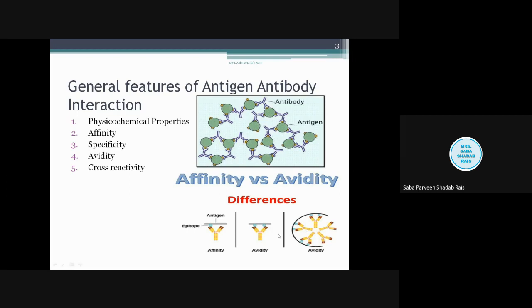If it is a monomer, a single molecule of antibody, it has affinity to bind with one of its sides, and avidity is utilizing both sides. And what is cross reactivity? Cross reactivity means a similar epitope of unrelated antigens binding with another type of antibody.